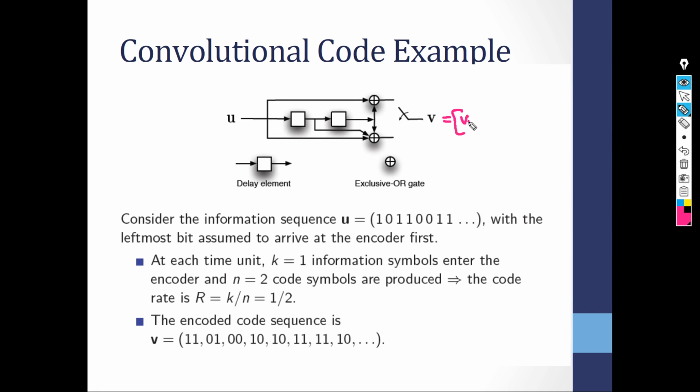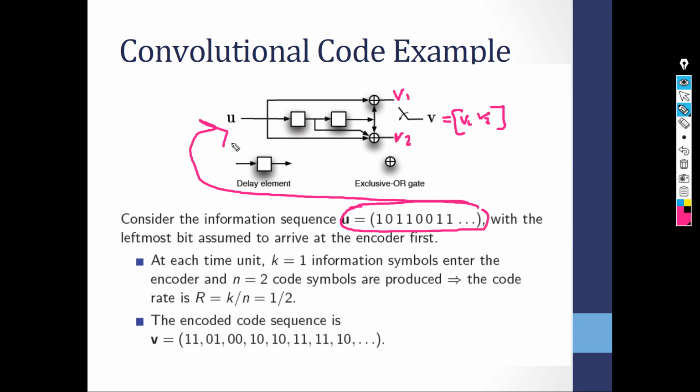Let's call them v1 and v2. This is coming from v1 and this is coming from v2. And this is a switch, taking this value, then this value, then this value. And let's assume this sequence of bits is entering the encoder here, and we want to find the encoded bit V.